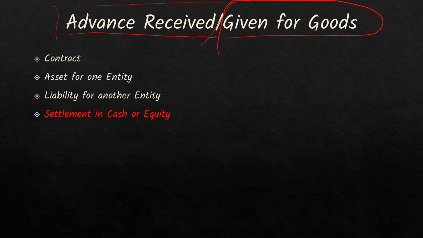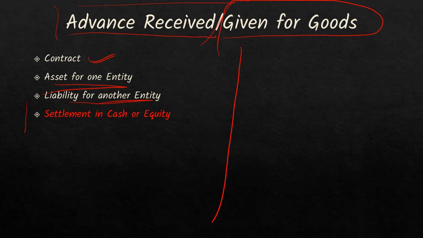Let's see. Is there any contract? Yes, we have a contract that we will be getting goods and we have paid a certain amount of money. We have not received anything yet, so we will write in our balance sheet advance paid for goods, or if we have received an advance, we will write it as our liability, advance received for goods.